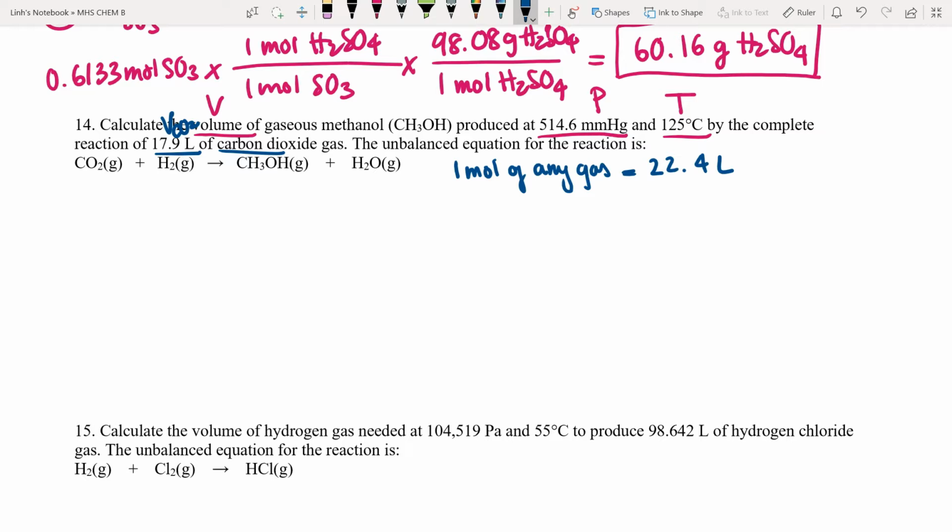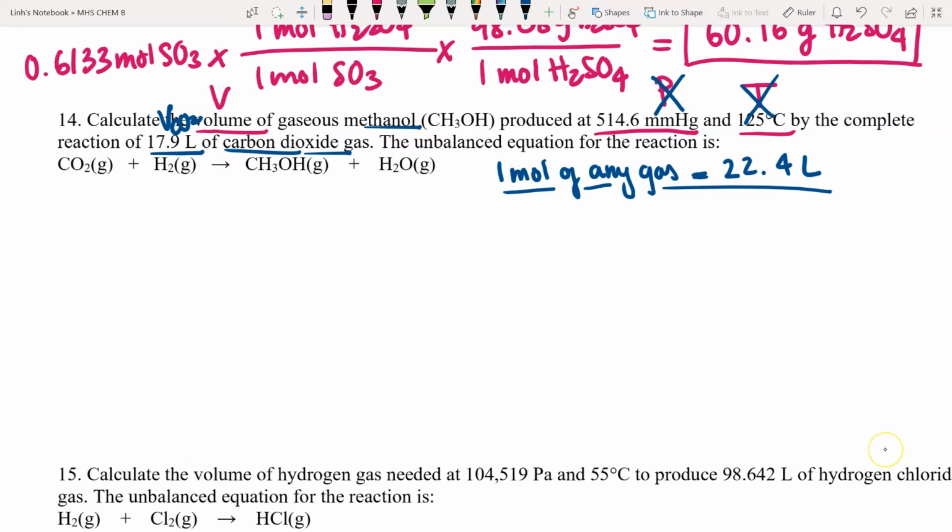Whether it be CO2, H2, or methanol, or water vapor, 1 mole of each of those would occupy 22.4 liter. So regardless of the identity of a gas, this holds true. And so you can use a bit of a shortcut to approach this problem. You can actually disregard this pressure and this temperature.